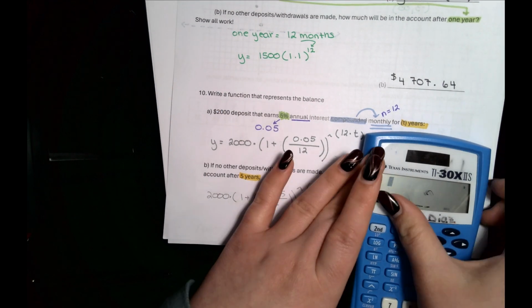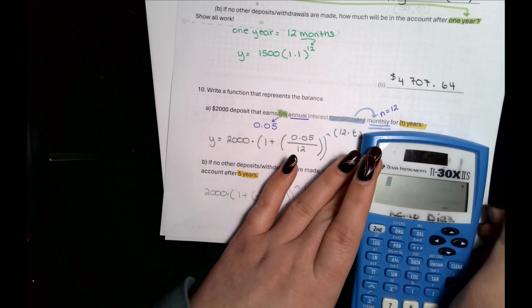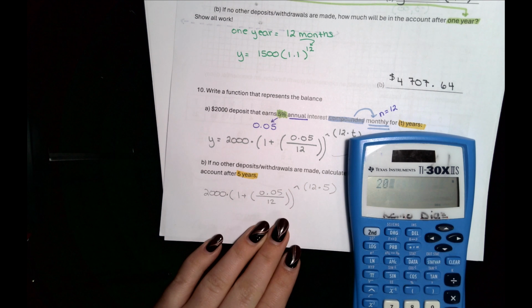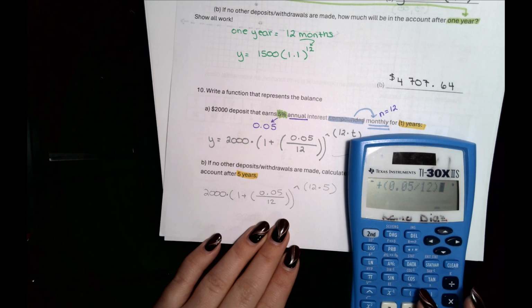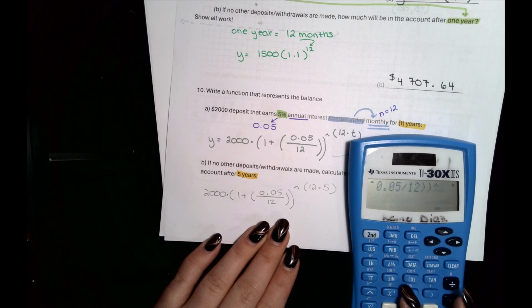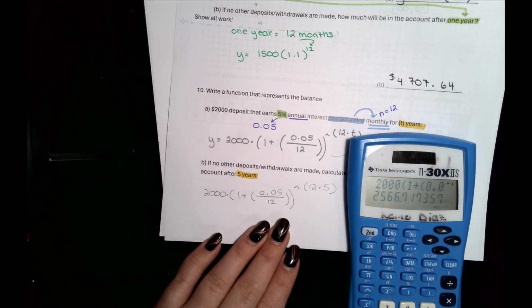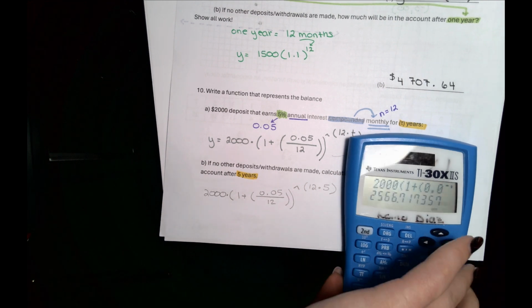Let's do it together. Let's erase this. Type this in. 2000, open, 1 plus open, 0.05 divided by 12, close it, caret, open, 12 times 5, close it, enter. Now again, what are we talking about? We're talking about money.